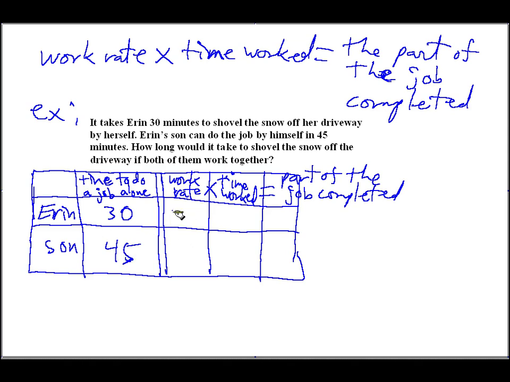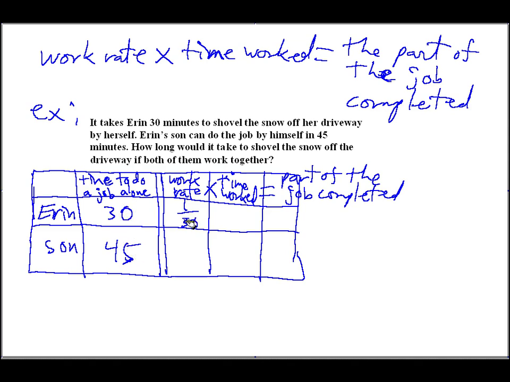Now, what's the work rate? We mentioned work rate earlier. It's the reciprocal of how long it takes you to do a job by yourself. So if Erin takes 30 minutes to do a job all by herself, her work rate is 1 over 30. Work rate is how much she can complete per minute, since we're talking about minutes here. So the work rate column is just the reciprocal of the time alone column.